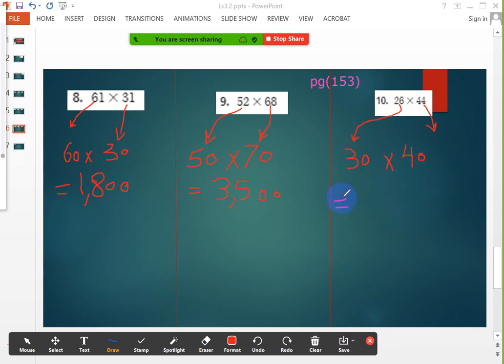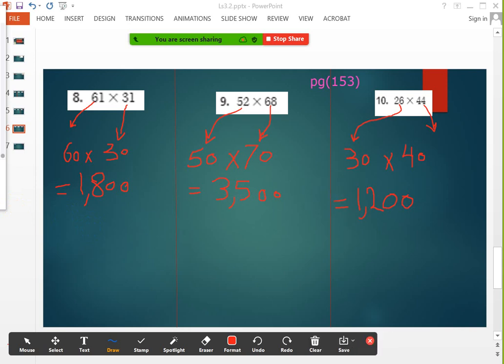Oh, okay, you gave me number 11. I know. Okay, it's 1,200. Excellent. So 3 multiply 4 equals 12. And I have to put 2 zeros next to the answer. Read the number for me, Zena. 1,200. Excellent. Thank you, Zena.